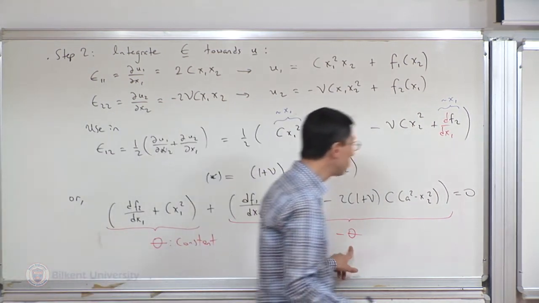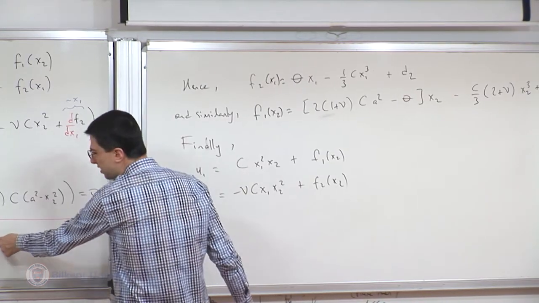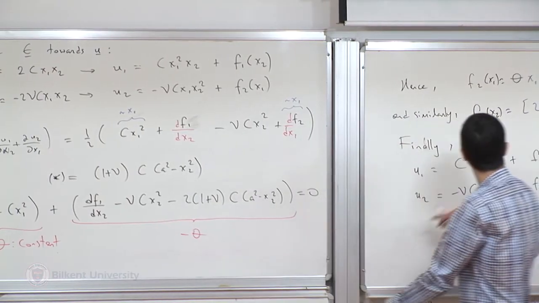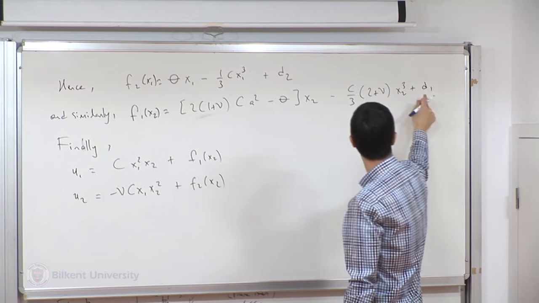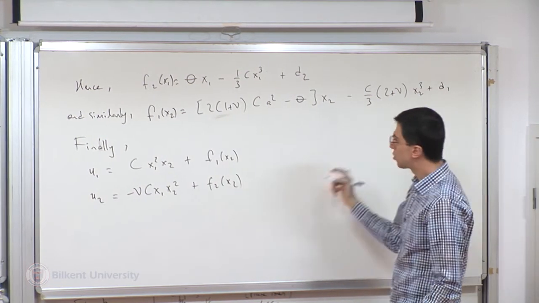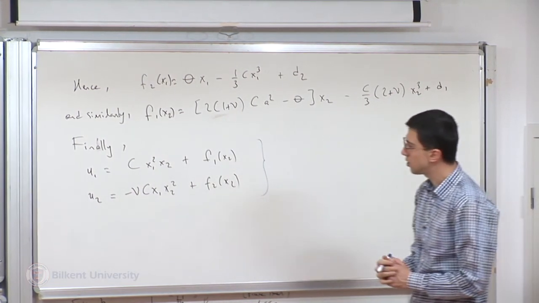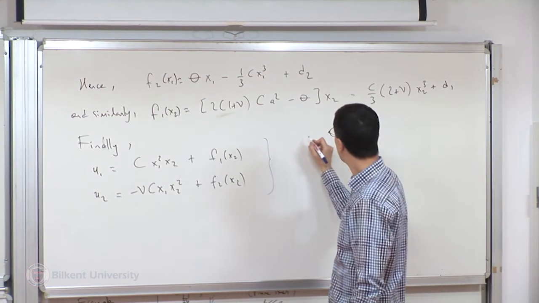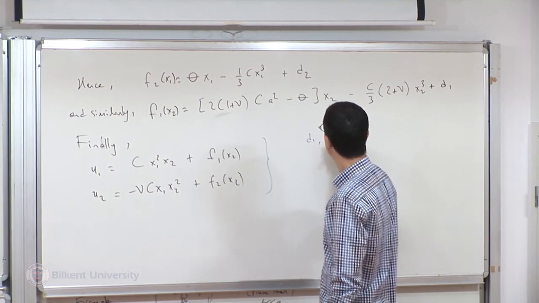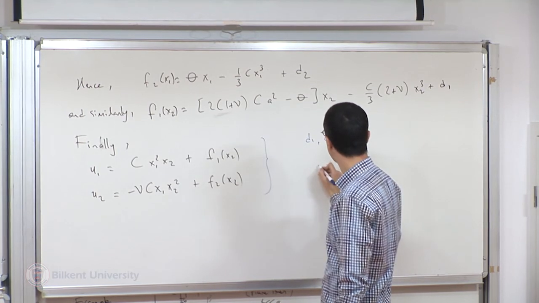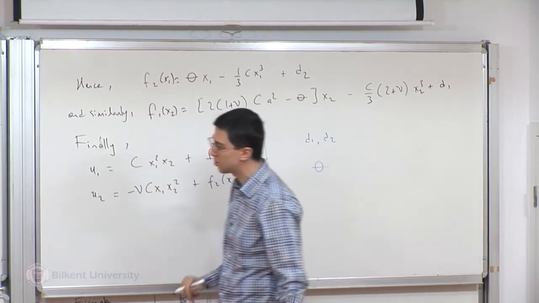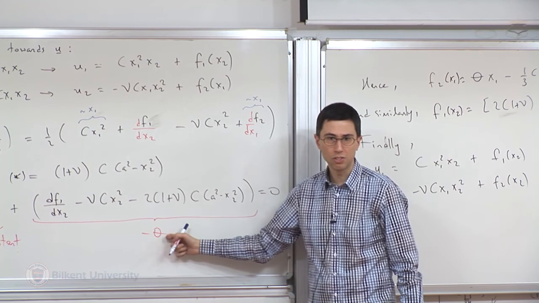So I had one constant of integration, in some sense, one constant of the problem appearing, and another one appears for each component. So overall, in this so far, I have two constants of integration that come from the last stage and another constant, sort of a constant of the problem, that comes at this stage. Okay?